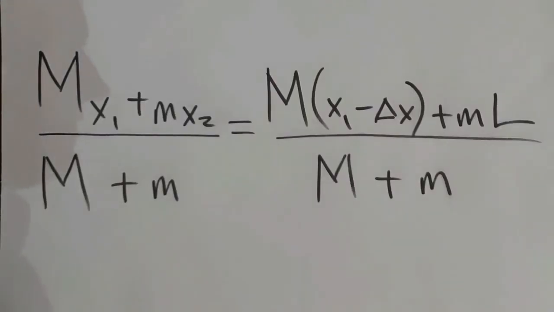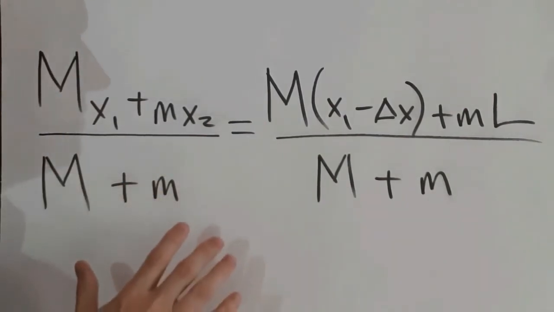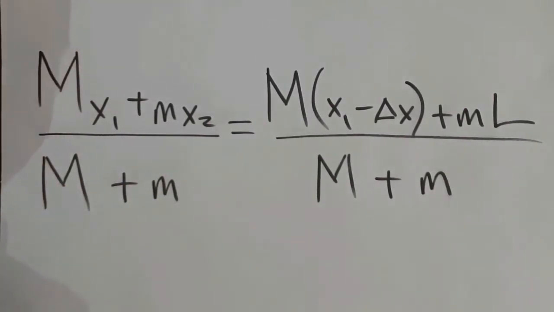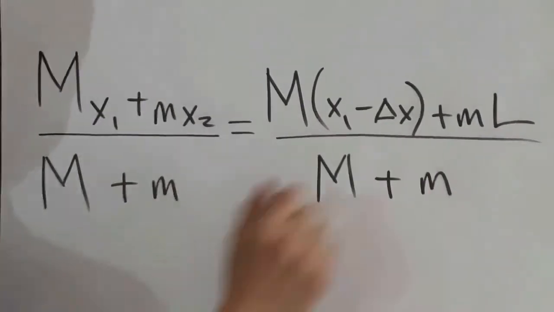The next part of the thought experiment, we'll deal with what is called the centre of mass of the object. What some people call the centre of gravity, but we're calling it the centre of mass. The centre of mass has to stay the same because there's no external force acting on the box. So this is the formula for the centre of mass. This is it before and this is it after.